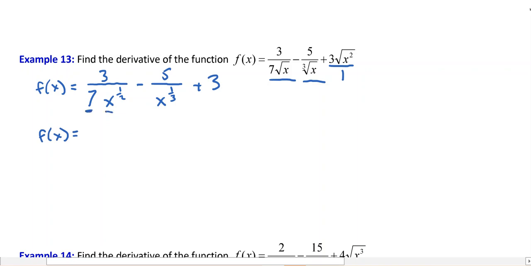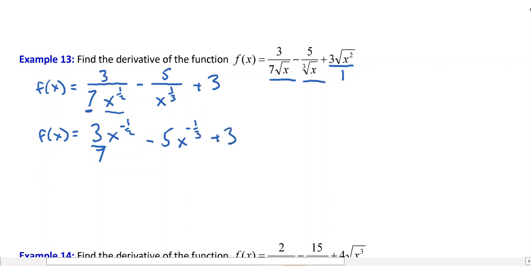We're only moving the x to the 1/2 up to the numerator. So it's going to be 3x to the negative 1/2 all over 7. And I'm just going to put the 7 under the 3 to make it look like 3/7, minus 5. We bring the x to the 1/3 up and make it negative, and then the plus 3.